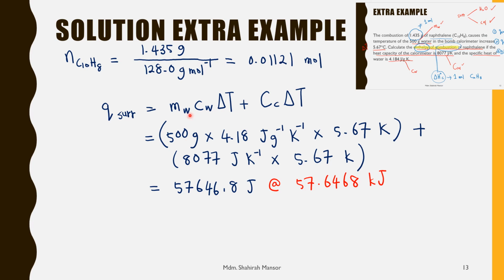And in the question we already have the mass of water, the specific heat capacity of water and also the heat capacity of the calorimeter. The delta T is also given. So substitute the values into your formula.